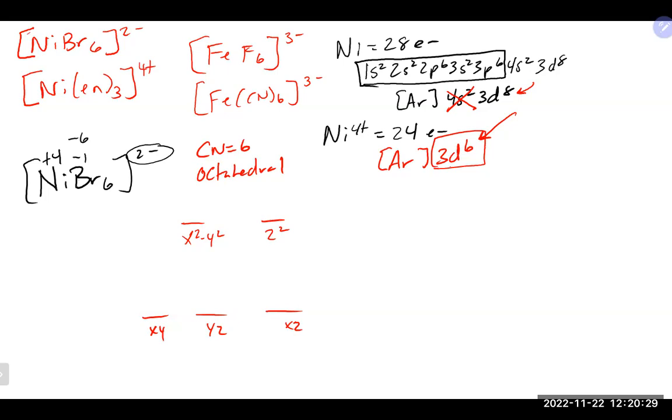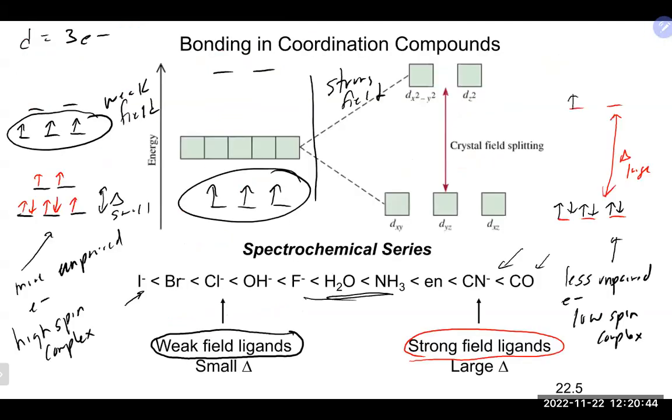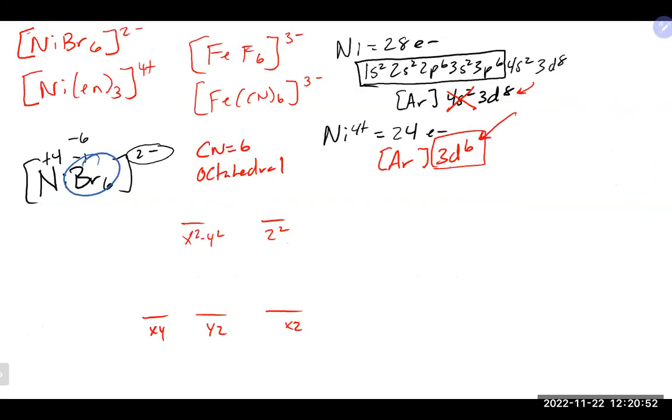All right. So the other important thing is we want to also look at the ligand that is attached here. In this particular case, our ligand is Br. So we want to know, is that Br a weak field or strong field sort of guy? And we do see that Br over here is weak field. So what we know is this splitting is going to be weak field because of the ligand that's there. And what that means is the splitting that we see here is going to be relatively small.